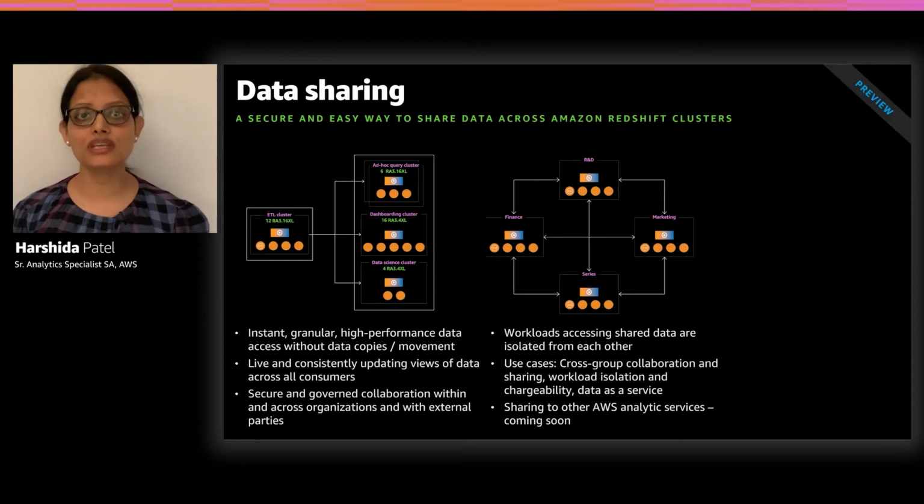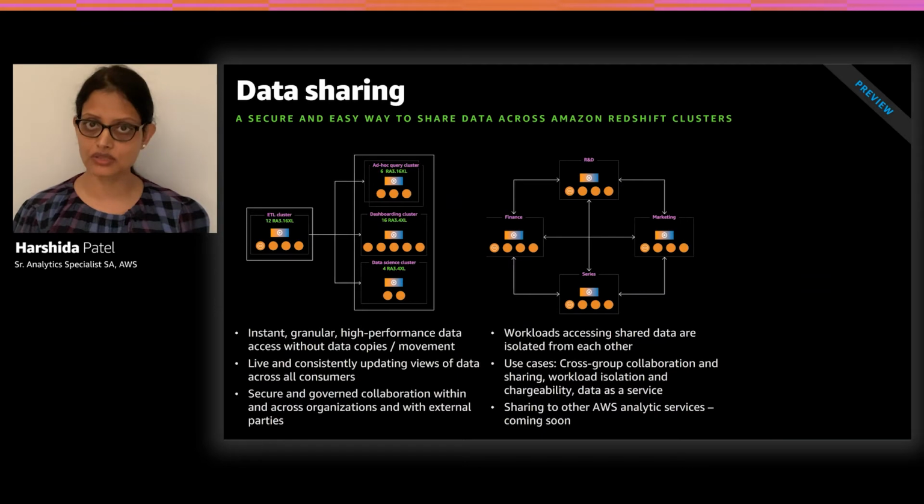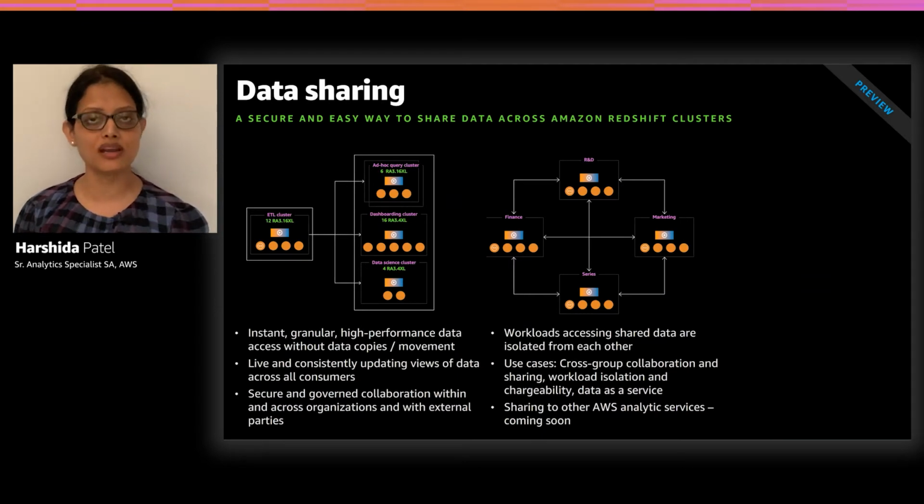To continue with the innovation with RA3, the feature data sharing, currently in preview, provides you read workload isolation. For example, you have your ETL cluster producing the data, then you can share it with different departments or different areas such as sales, marketing, data science, without having the need to unload the data from your main cluster, which is ETL, and ingest it into your end user or consuming clusters.